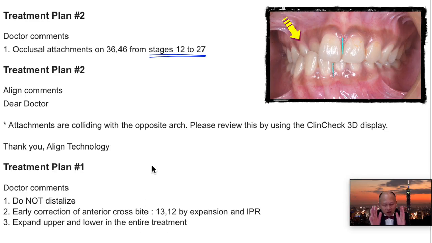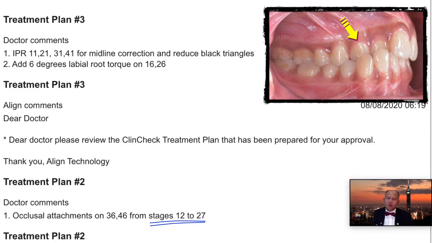And once I know when they start to correct the anterior crossbite, I'll be able to get the precise time period. From stage 12 to stage 27 is the time period that we correct the anterior crossbite. So in this time period, I add occlusal attachment.